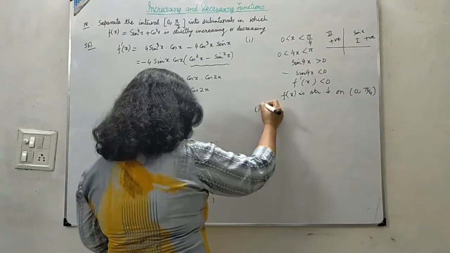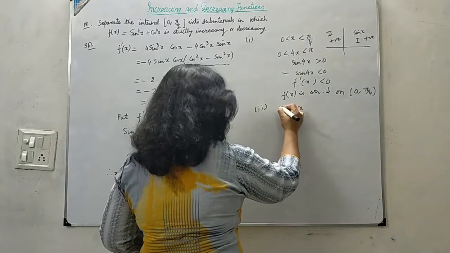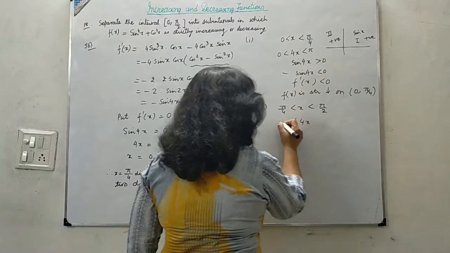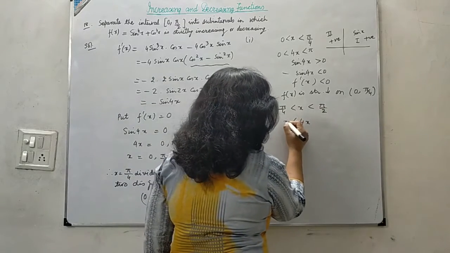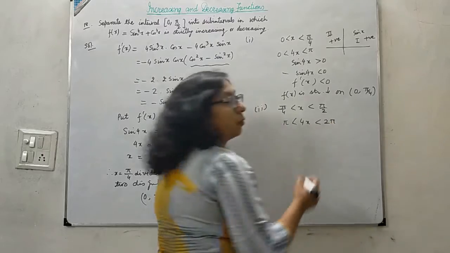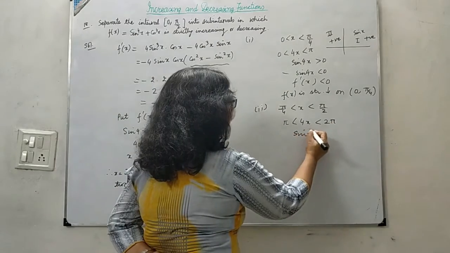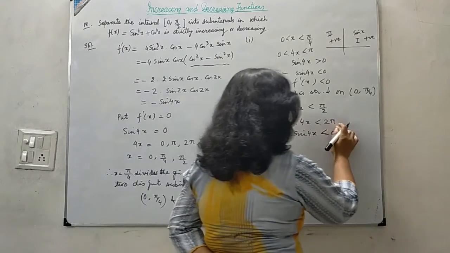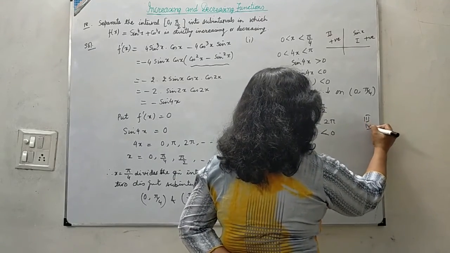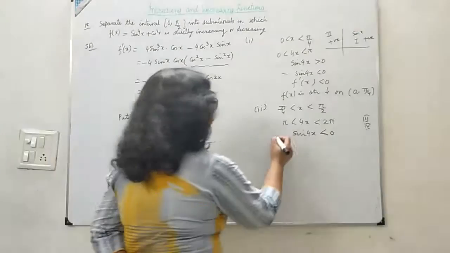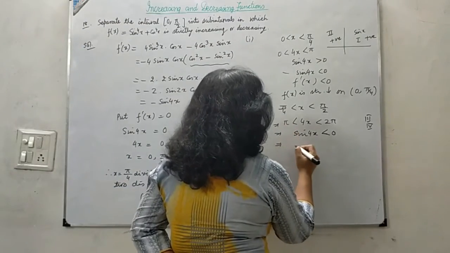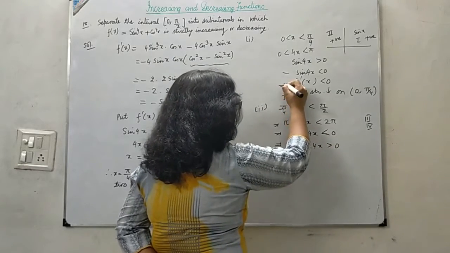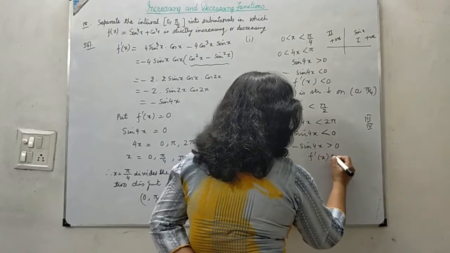Now taking the second interval, when x is lying between pi by 4 to pi by 2, 4x will be lying between, multiplying 4 by 4, pi to 2 pi. So sin 4x is negative, because it is in the third and fourth quadrant. In both the quadrants sin 4x is negative. So from here minus sin 4x will become positive, and f dash x will be positive.